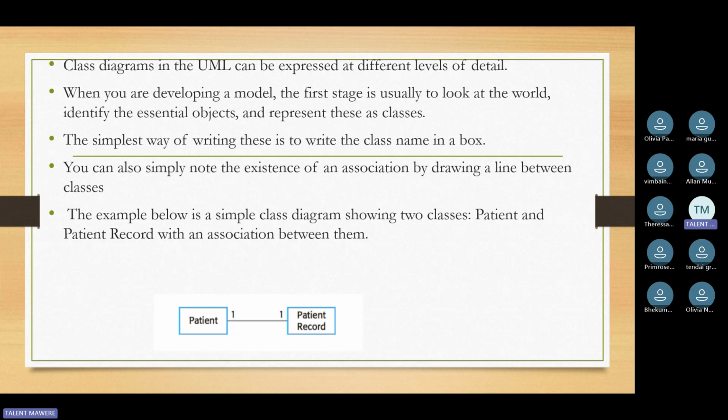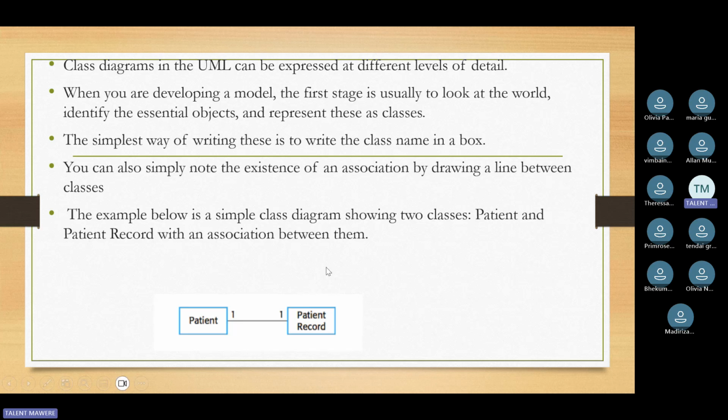Those are then what we call the classes. The simplest way of writing this is to write the class name in a box. Like here, we have a class called patient. We have another class called patient record.